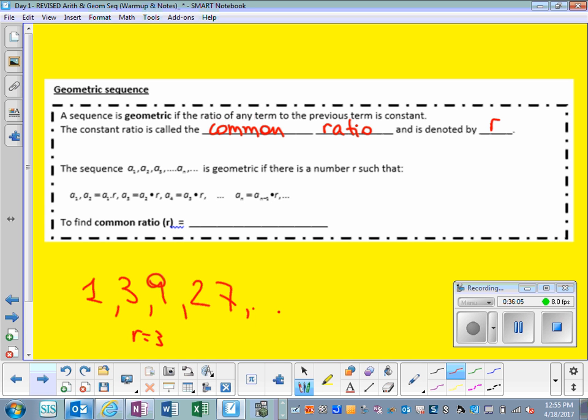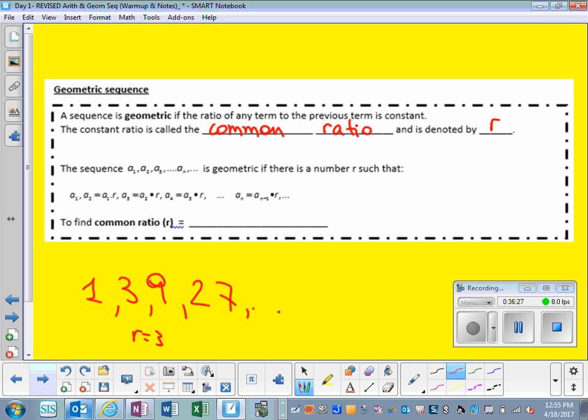That becomes the geometric sequence. The sequence A1, A2, A3, A4, and so on is geometric when there exists a number R such that the ratio between every two consecutive terms is R. So A2 equals A1 times R, A3 equals A2 times R, and so on.